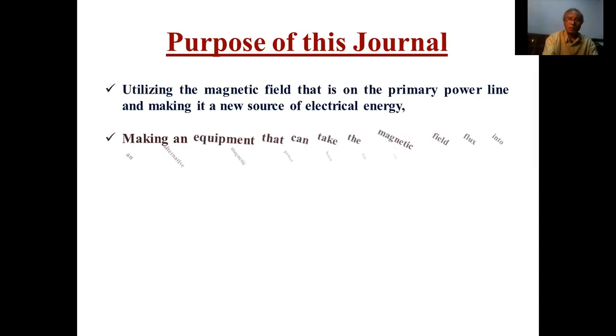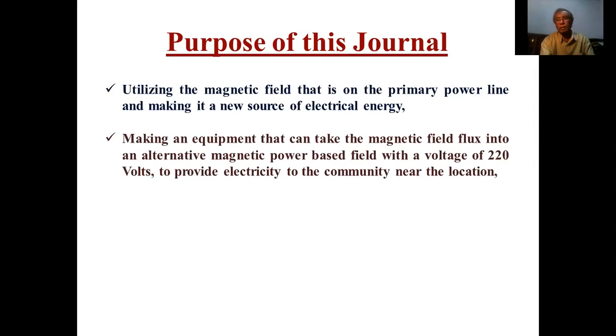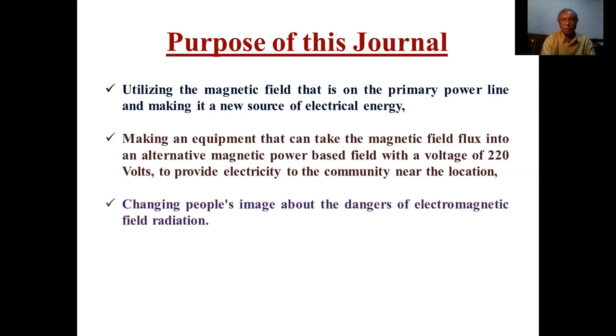Second, making equipment that can take the magnetic field and turn it into an alternative magnetic-field-based power source with a voltage of 220 volt to provide electricity to the community near the location. Three, changing people's image about the danger of electromagnetic field radiation.